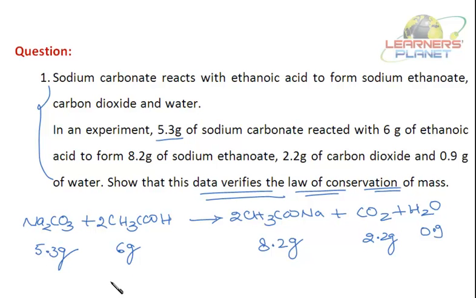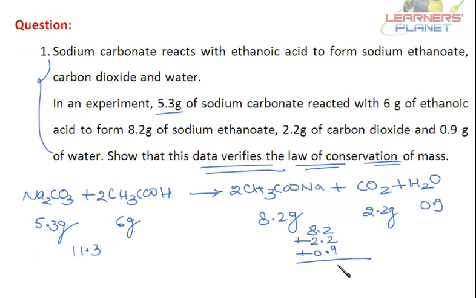What you'll do? Just add up these numbers. 5.3 plus 6. What will be the answer? It would be 11.3, I suppose. I'm not very good in maths. And this side, what will be the answer? 8.2 plus 2.2 plus 0.9. So this would be 11.3 again. So these numbers, if I'm summing up, I'm getting 11.3.